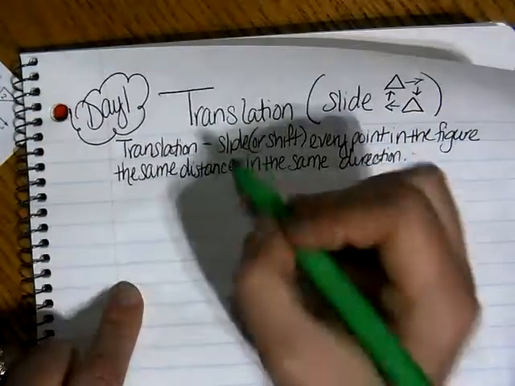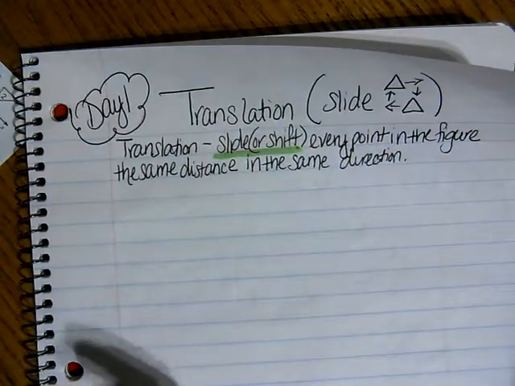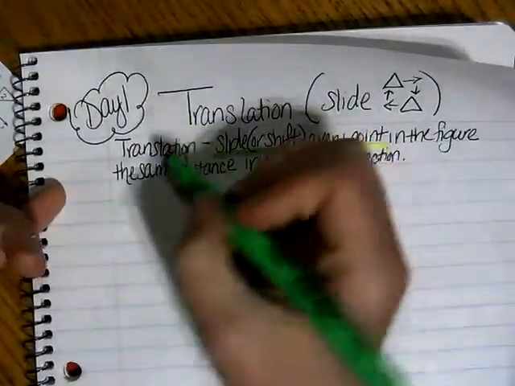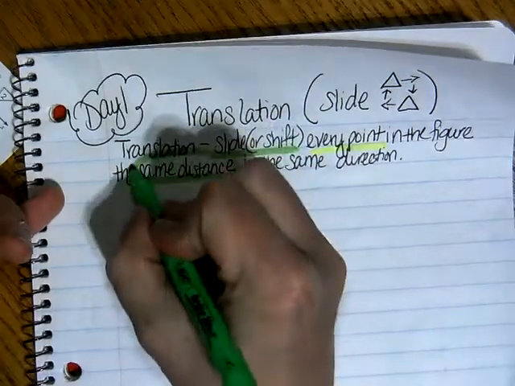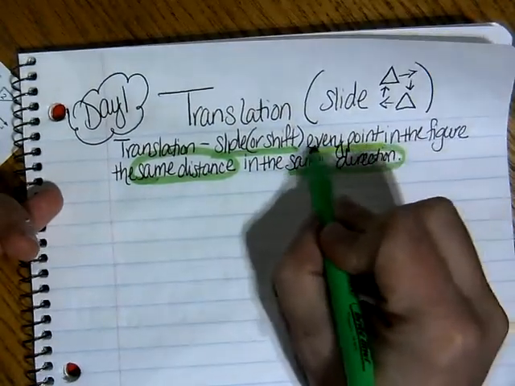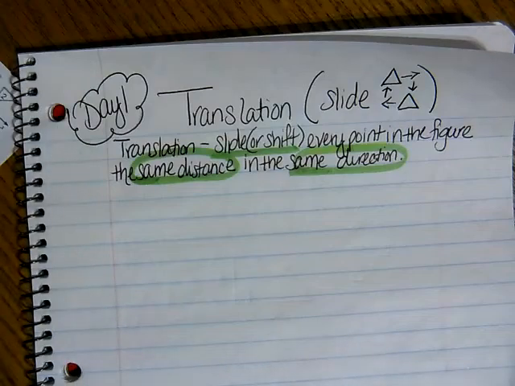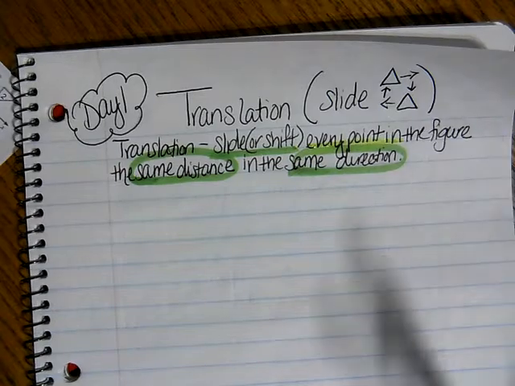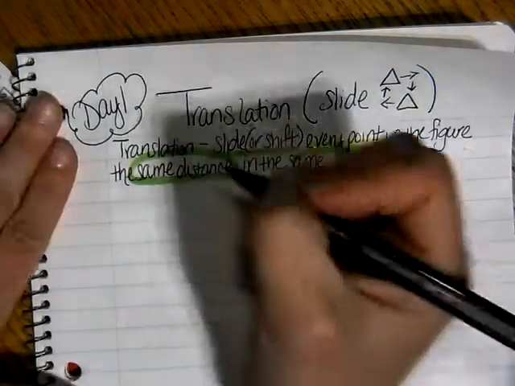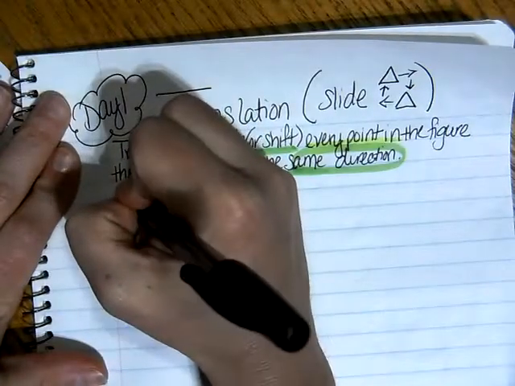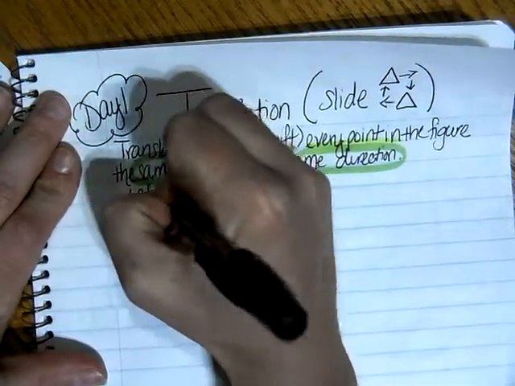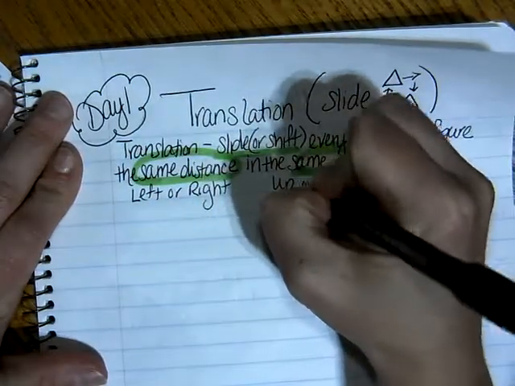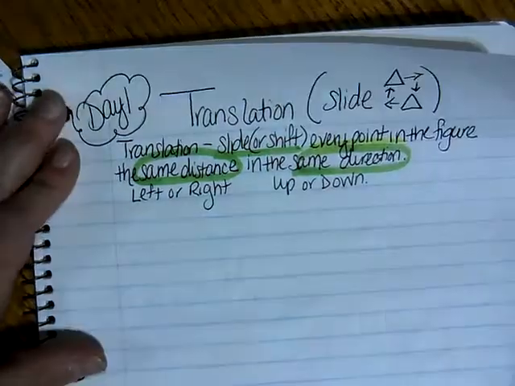Keywords here being that you are sliding or shifting every single point in the figure the same distance in the same direction. So we are shifting everything the same distance, in the same direction each time, depending on what rule we are given. That shift is going to be left or right, up or down, depending on what our rule says.